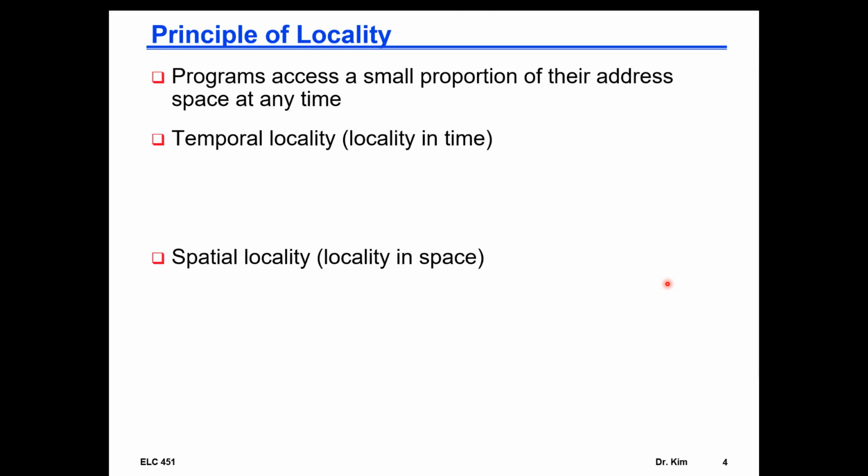You're going to keep using that data. And if you retrieve some data, maybe you need the data that is close by. Think of an array. So code and data, just like books in a library, exhibit this characteristic. And that's what we exploit to come up with these techniques, to come up with a cache system that allows us to effectively get high performance with lower cost of memory.